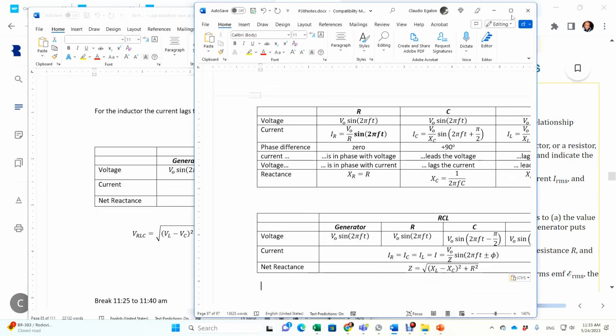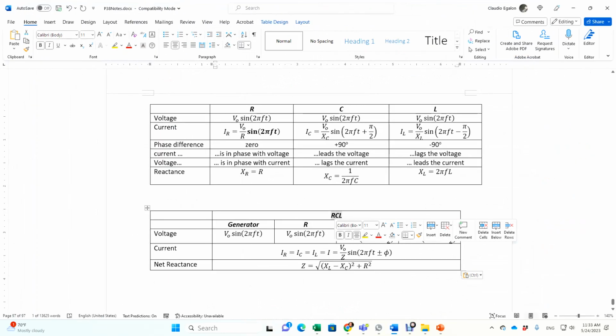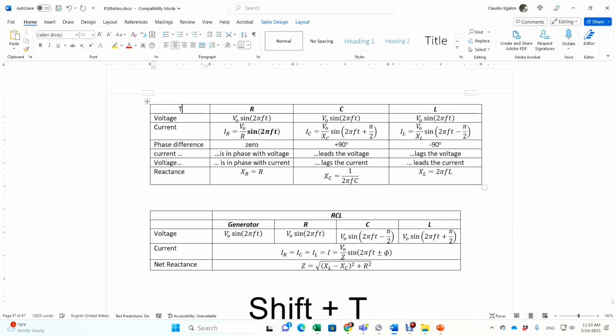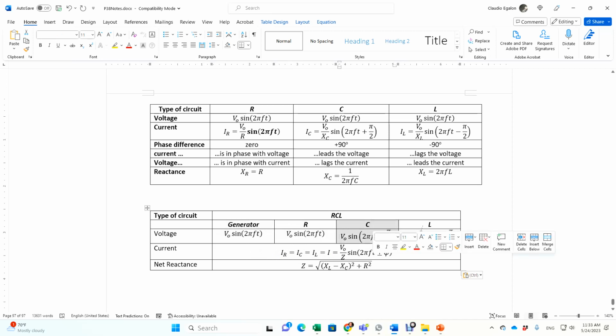Here is the generator, with the voltage, and we have that repeated here for each element separately.